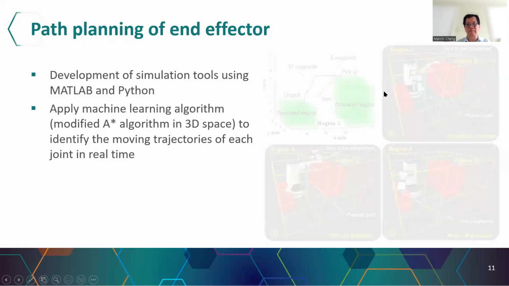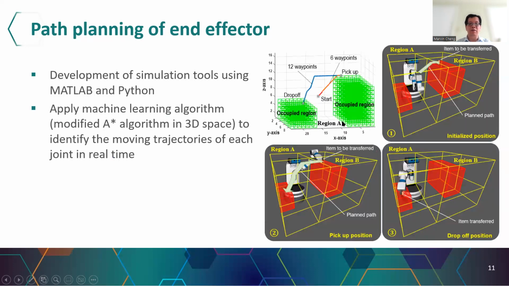With that said, the workspace has been gridded into a limited number of cells, and those areas have been marked as occupied. When we start to do the path planning, we use MATLAB and Python to implement the path planning algorithm. The algorithm we use is the A* algorithm in 3D space, which is something we developed in our lab.